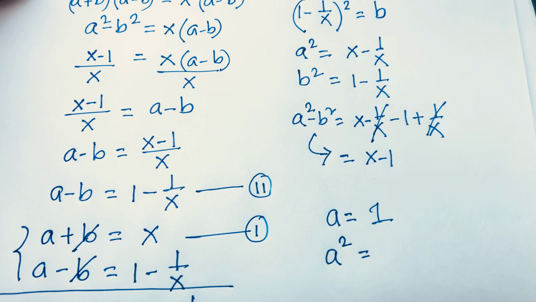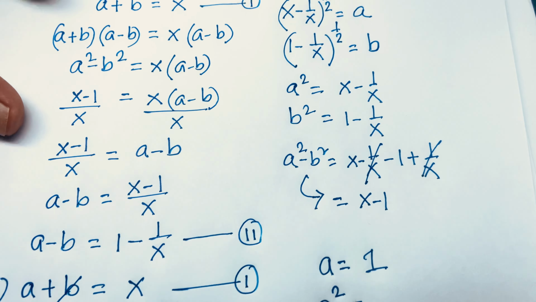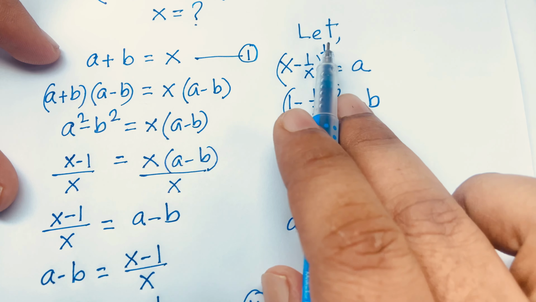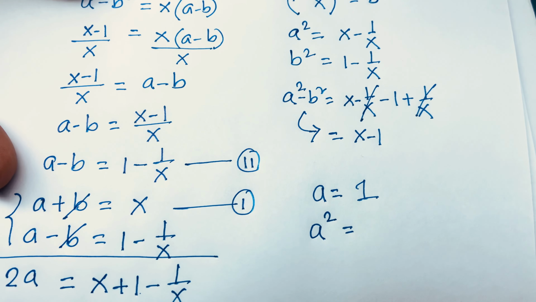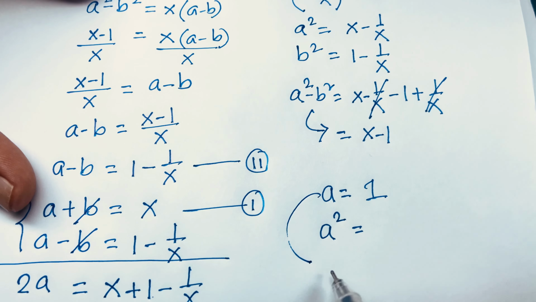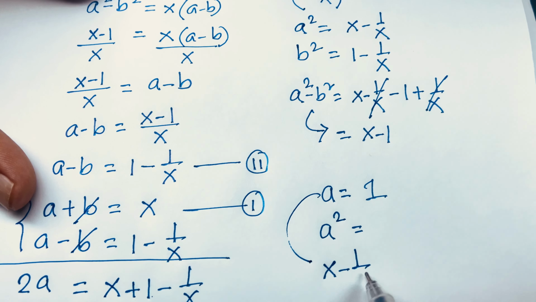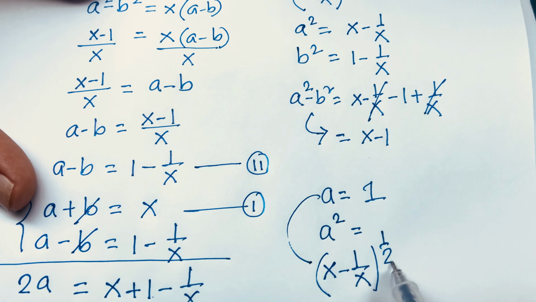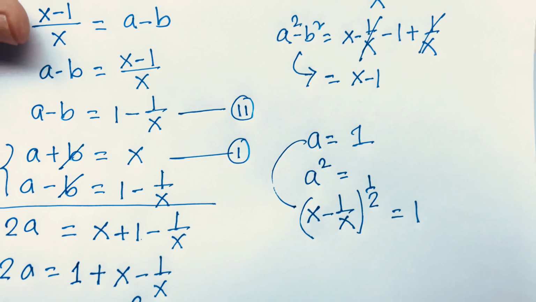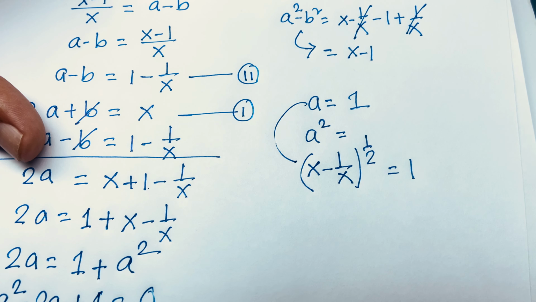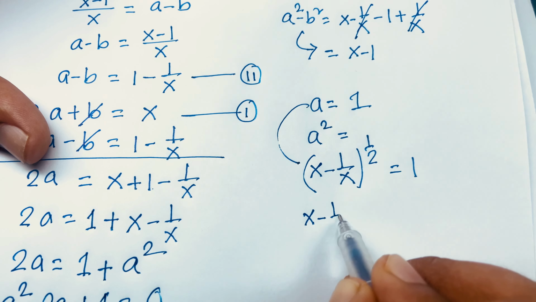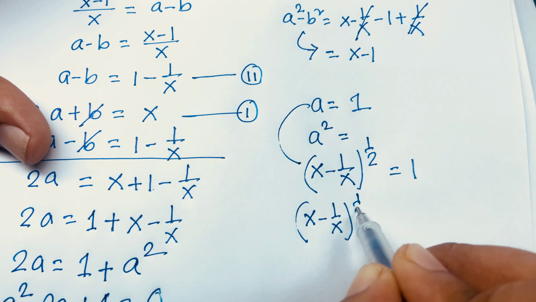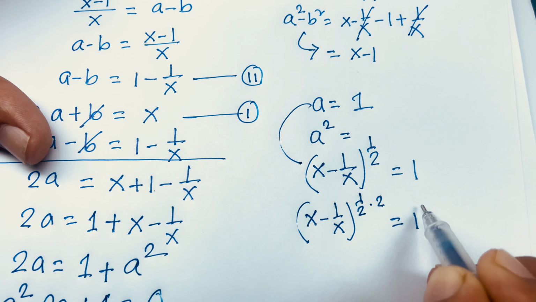So a is equal to x minus 1 over x whole to the power half, which is equal to 1. Now if I take the power 2 on both sides, we get x minus 1 over x whole to the power half times 2 is equal to 1 square.